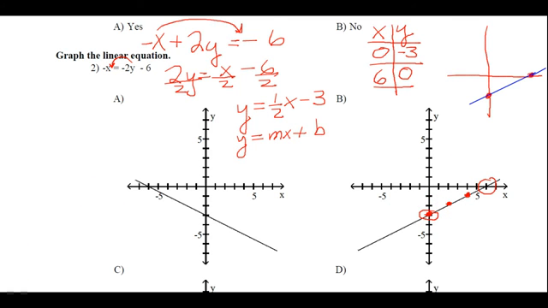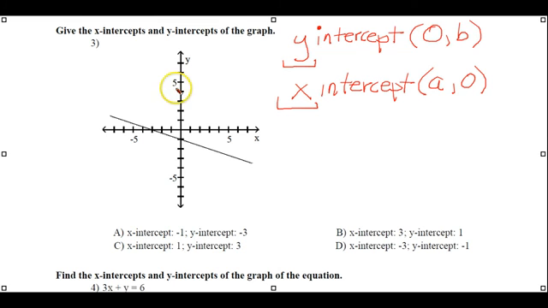Okay, a little background. Now, in this example, they're asking us from the graph itself, what are the intercepts, the x and the y? Well, remember, when we write the y-intercept in its formal way, it's 0, b, where b is the y-intercept. And the x-intercept is a, 0, where a is the x-intercept. Now, when we look at it down here in the answers, they're not asking in this formal way.